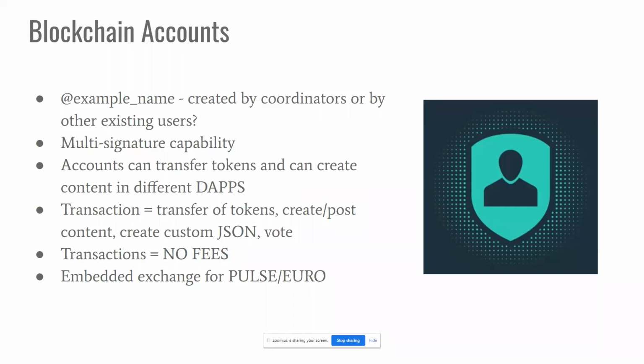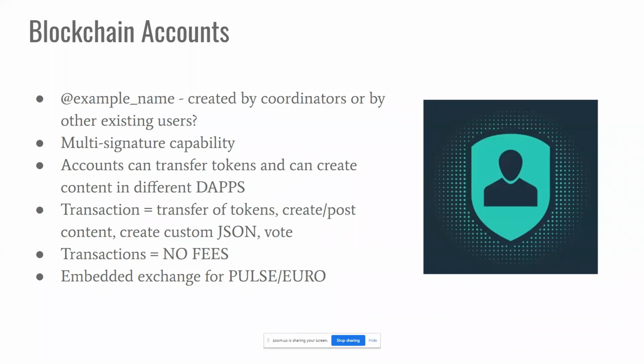Each account has the possibility to have multi-signature, where is the case. What can you do with an account? You can transfer tokens from one account to another. You can create content in different distributed applications.